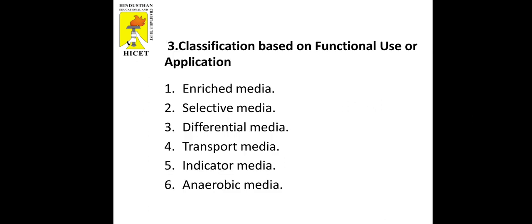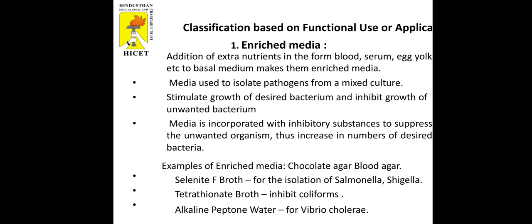Classification based on functional use or application: enriched media, selective media, differential media, transport media, indicator media, anaerobic media. Enriched media. Addition of extra nutrients in the form of blood, serum, egg yolk, etc. to basal media makes them enriched media.